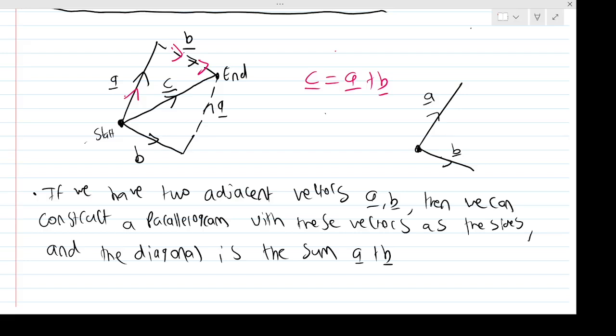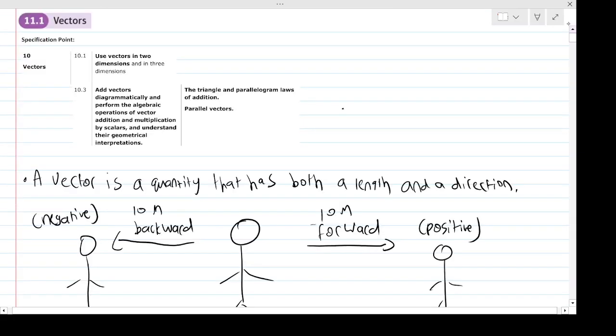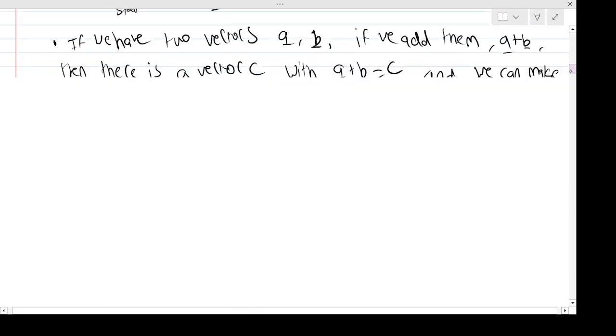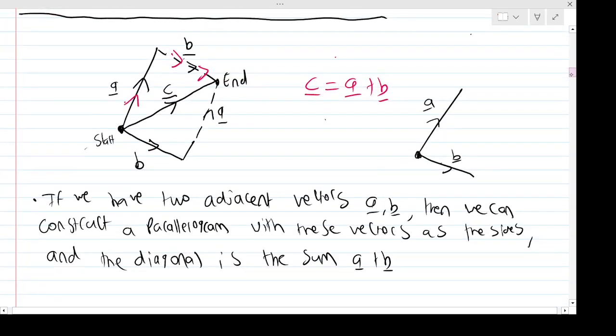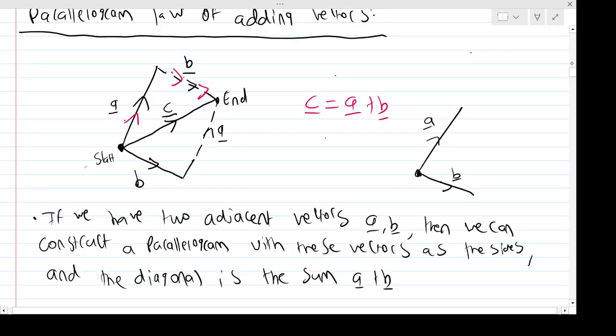But as the specification says, you do need to be aware of the triangle and the parallelogram laws. Hopefully geometrically you can see that from the diagrams I've done. These laws give us a way to add two vectors together. So we'll move on to some examples now.